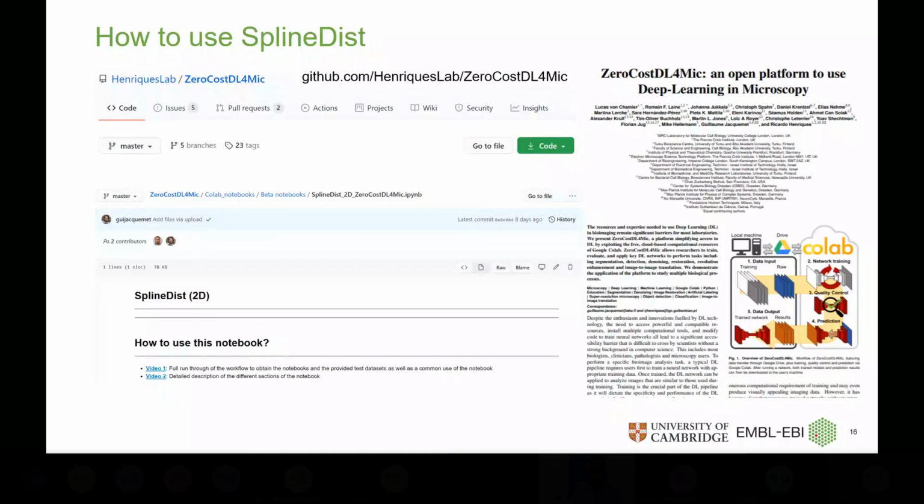But for a low-cost entry point, I would like to recommend the amazing work that the ZeroCostDL4Mic people have been doing, where they are generating Colab notebooks exhibiting different computer vision pipelines for bioimages. They have recently done a notebook for SplineDist, and as a low-cost entry point for someone who is not very interested in understanding the machinery, but rather just in obtaining some results, this is a very good starting point.